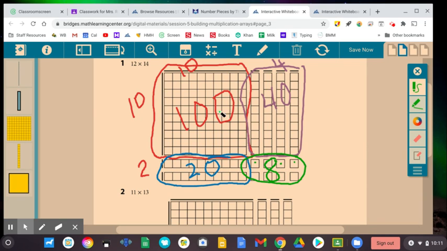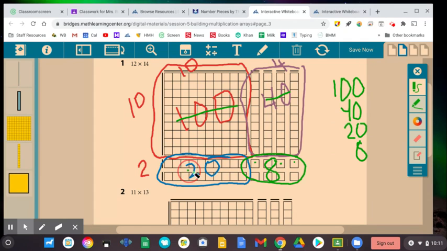Then when we pull our numbers out to add them, we have a 100 plus a 40 plus a 20 plus an 8. I hope you can see where these numbers come from. Here's our 100. Here's our 40.